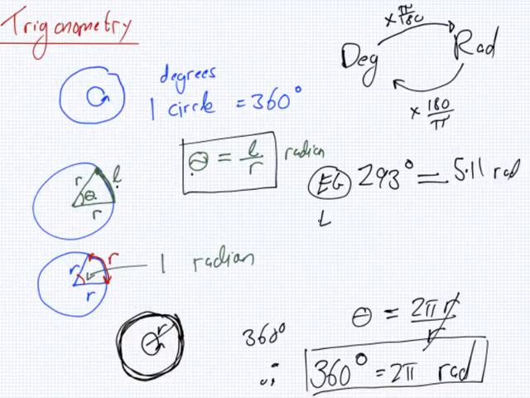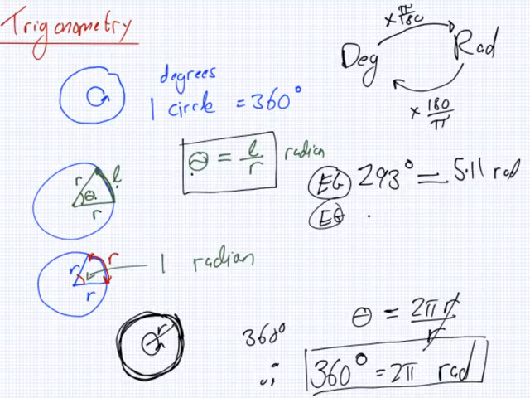And then let's do one the other direction, and let's convert 8 pi over 15 radians. If you can convert that into degrees, please. Got this?